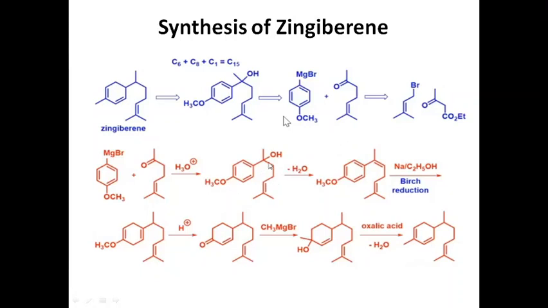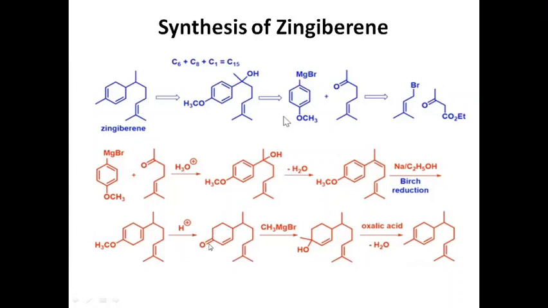This compound undergoes dehydration, resulting in the formation of a double bond here, which is in conjugation with the aromatic ring. This compound undergoes Birch reduction. This reduction takes place at this double bond also, involving this aromatic ring, resulting in the formation of a vinyl ketone type of compound, as you can see here, which undergoes rearrangement in the presence of acid, resulting in the formation of an alpha beta unsaturated ketone.